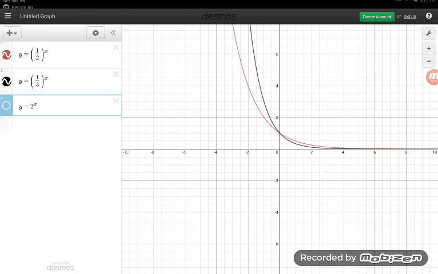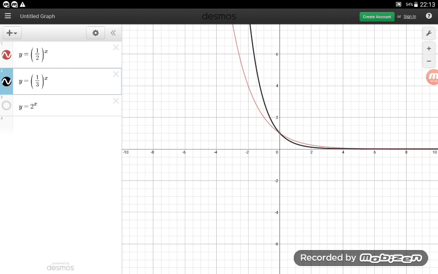Alright, so here I have y is equal to half to the power of x. That is the red line that I have here. And the black line is 1 over 3 to the power of x, the one with 1/3 as the base.